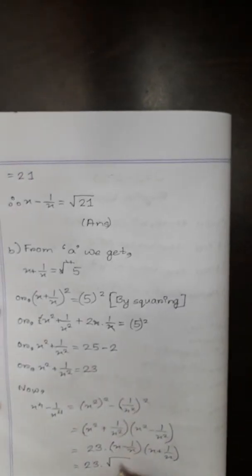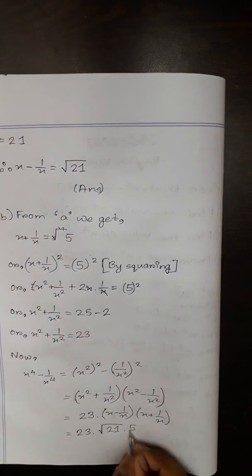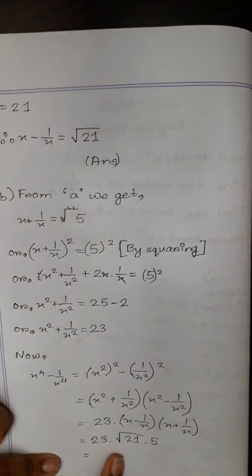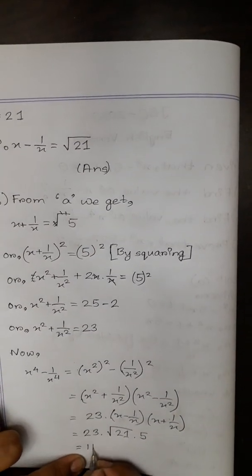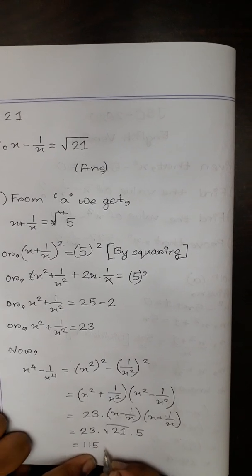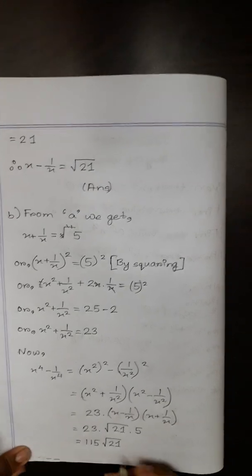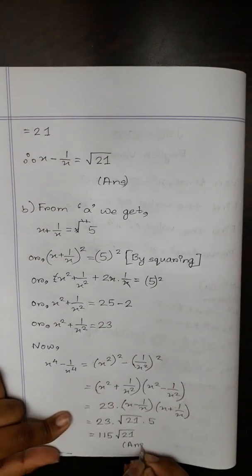We have already found this out. So 21, 5. And now it's time to calculate. We can use a calculator because you are in JSC this year and calculators are permitted. So this is the final answer.